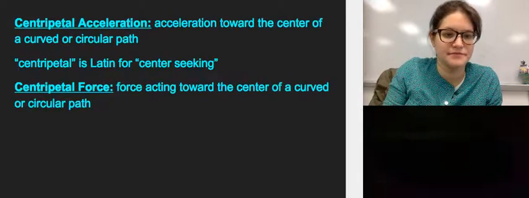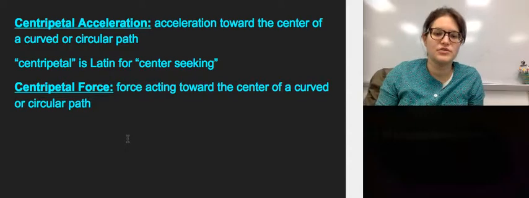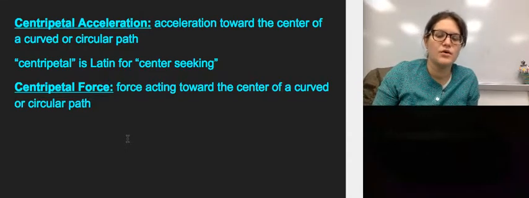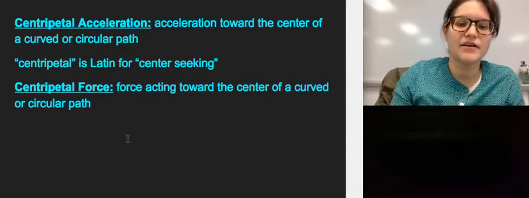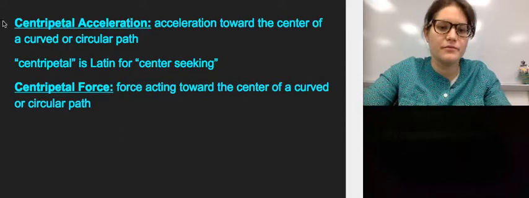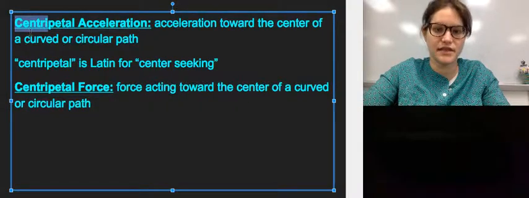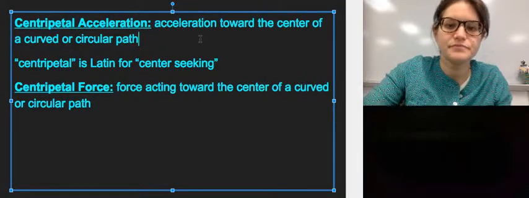Next slide. Centripetal acceleration and centripetal force. So centripetal is actually a Latin term for center seeking. The first part of the word, centri, means center, and petal means seeking.